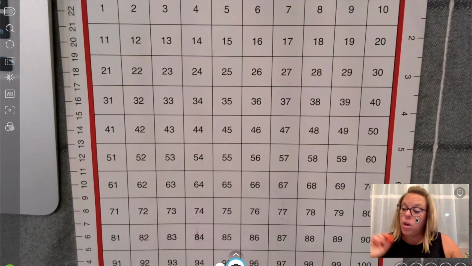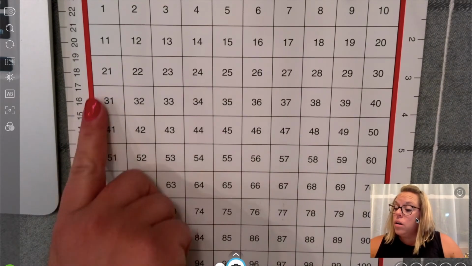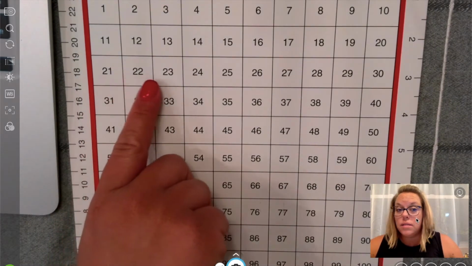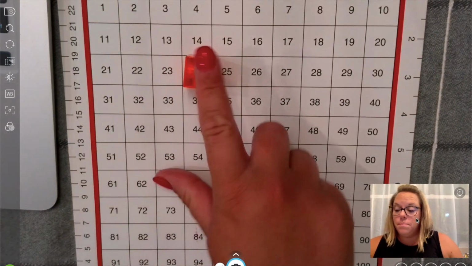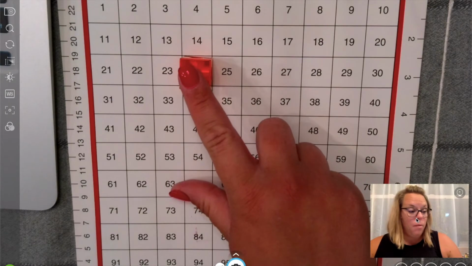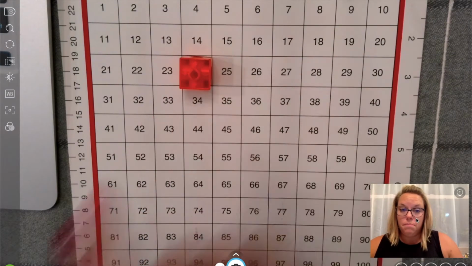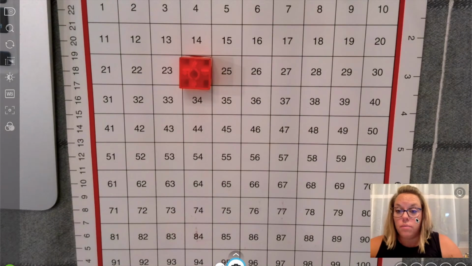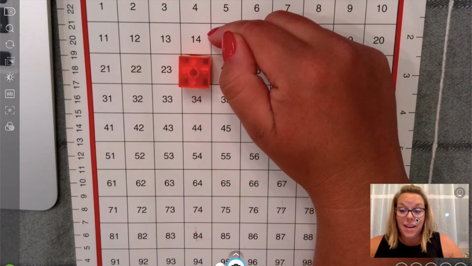Okay, now go ahead and find the number 24. Oh, these are the 20s. Oh, there it is. Put your linking cube on it. Now point to the number that's above 24. Above 24 is 14. Right.